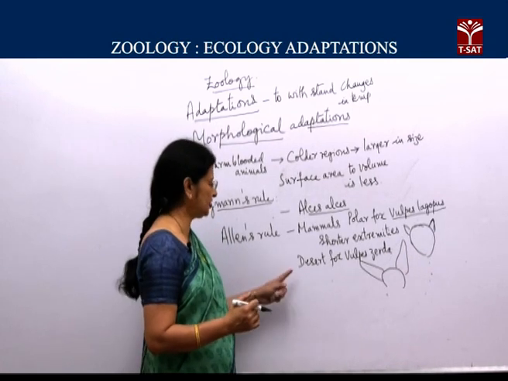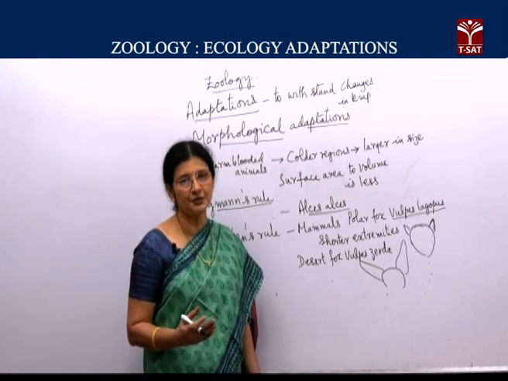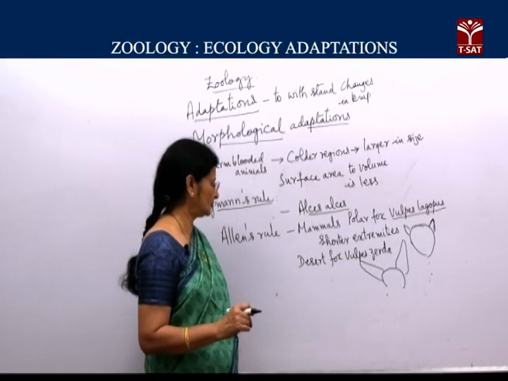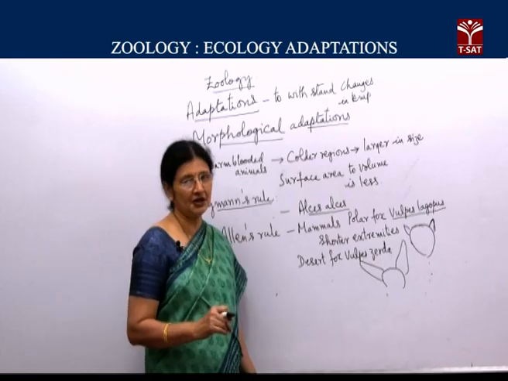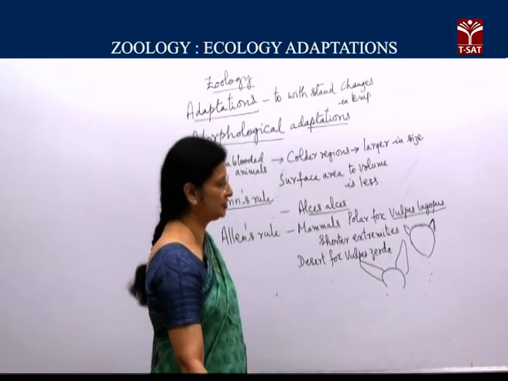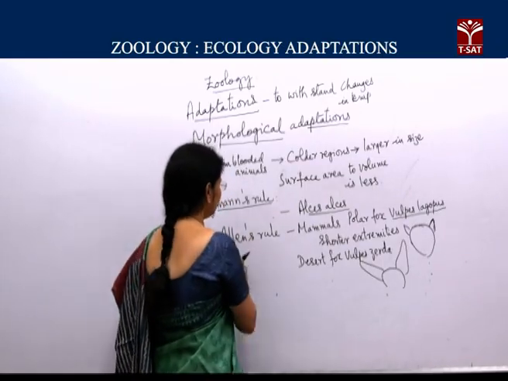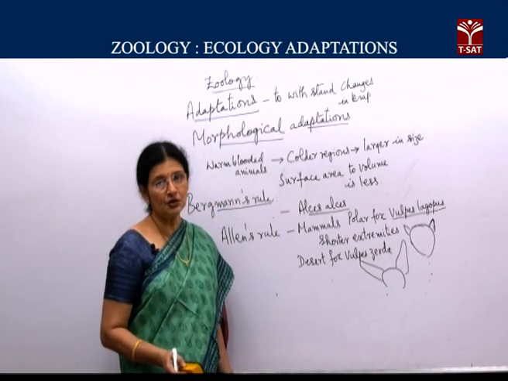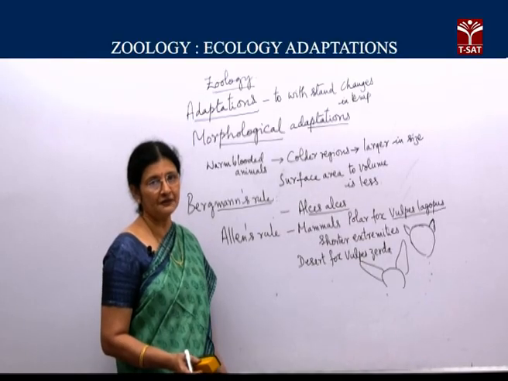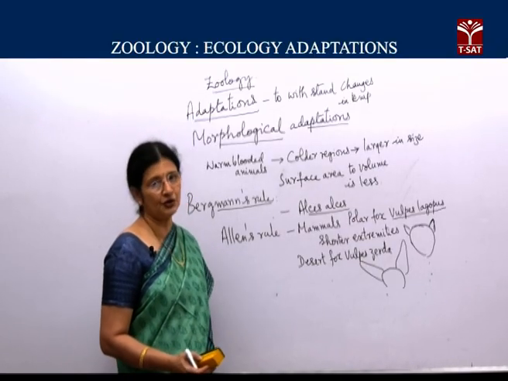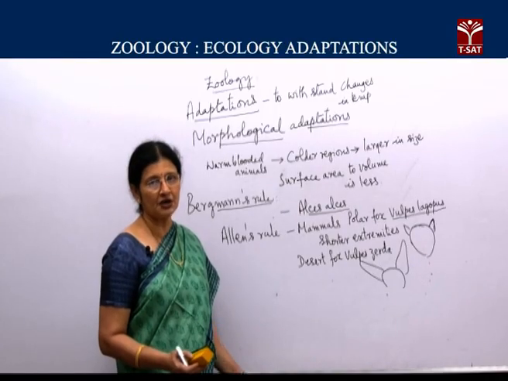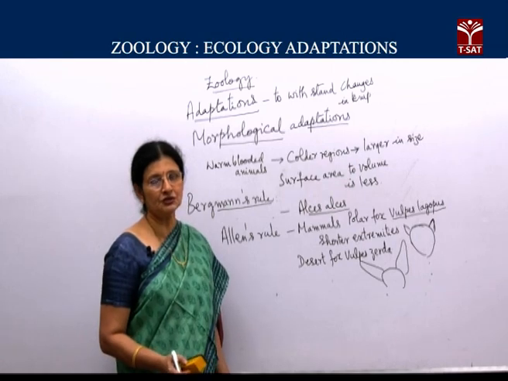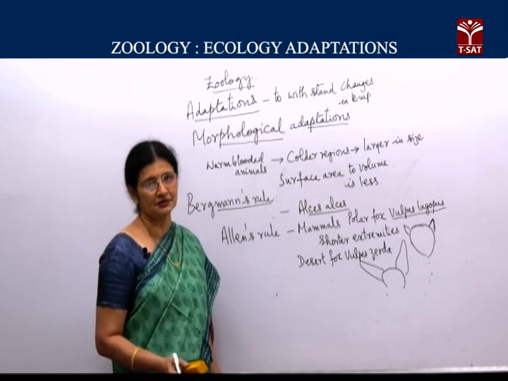So in desert areas, heat loss should be more; heat production need not be more. That's why surface area is increased in desert foxes. In polar foxes, they need not lose heat, but they have to produce more heat or conserve the heat. So they have shorter ears so that surface area becomes less.